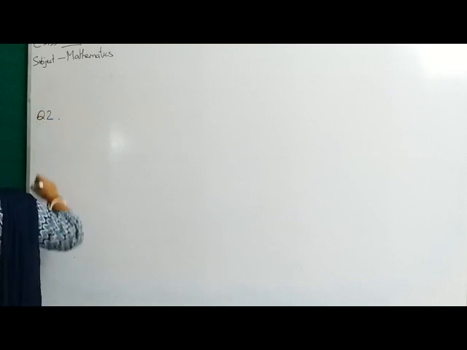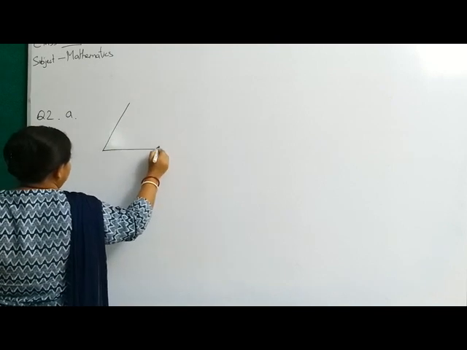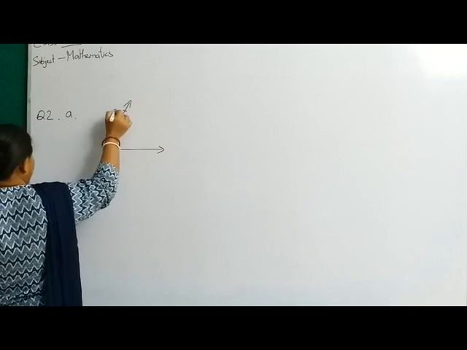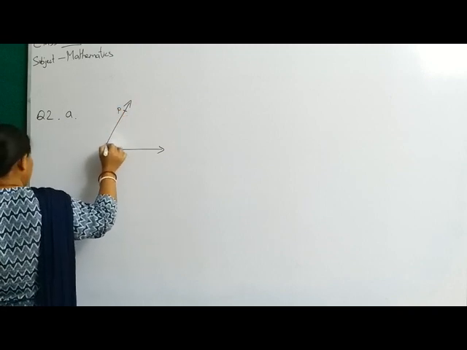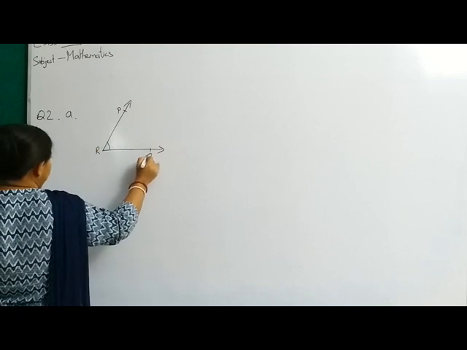Number A, it is given like this: P, this is R, and this one is Q.